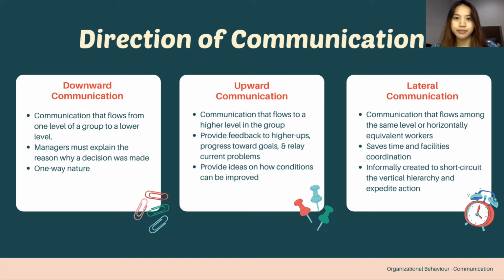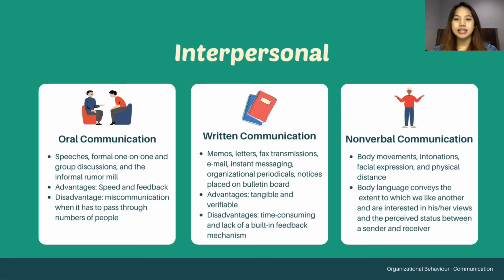or a conflict. The next one is interpersonal communication, or how group members transfer meaning between each other, which is divided into three: oral communication, written communication, and nonverbal communication. So oral communication is the chief means of conveying messages, such as speeches, formal one-on-one and group discussions, and the informal rumor mill.